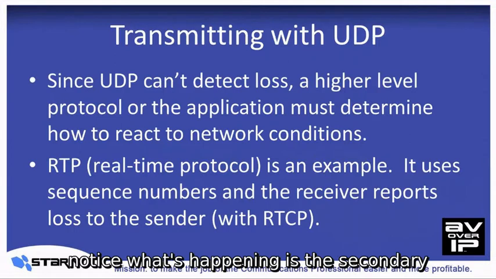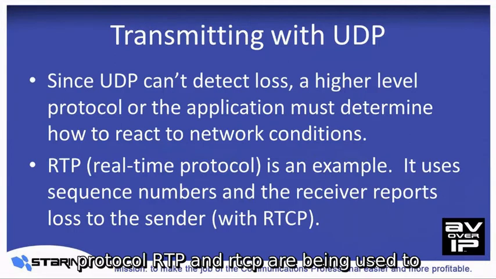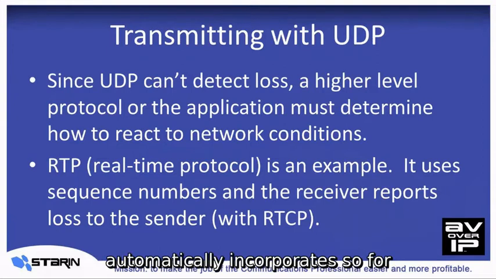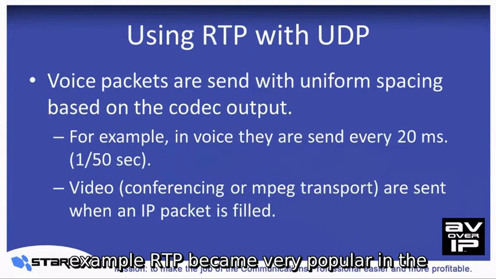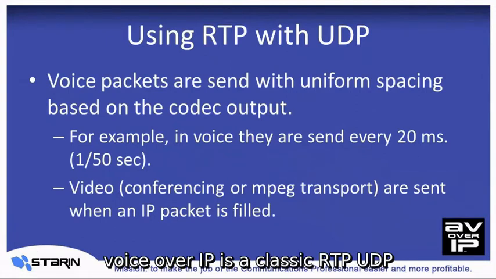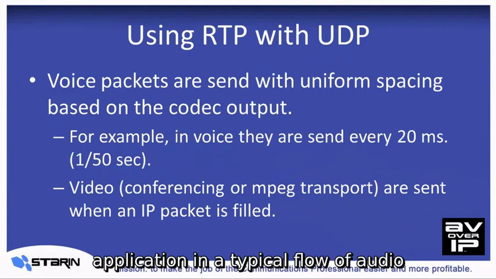Notice what's happening is that secondary protocols, RTP and RTCP, are being used to add some of the features that TCP automatically incorporates. So for example, RTP became very popular in the early 2000 period with voice over IP. Voice over IP is a classic RTP UDP application.